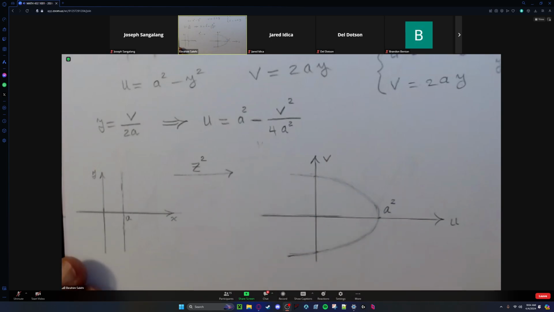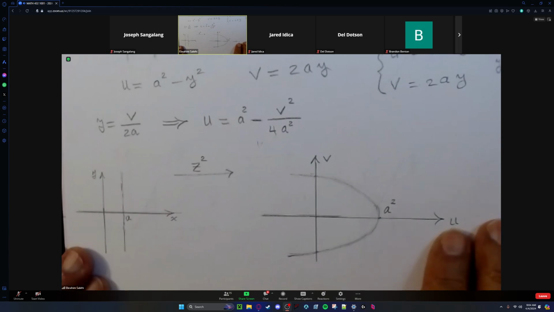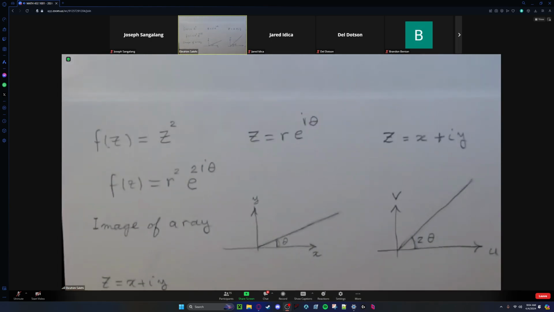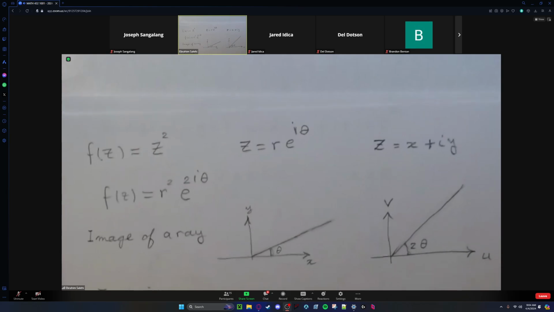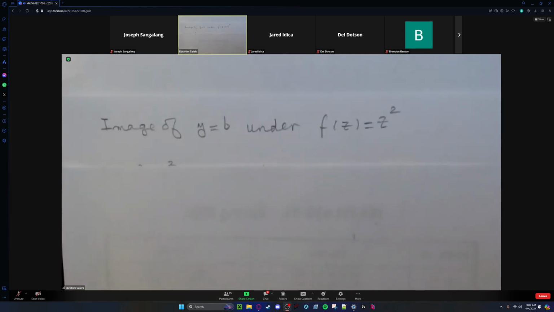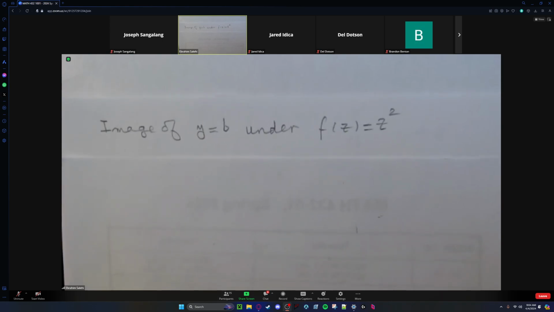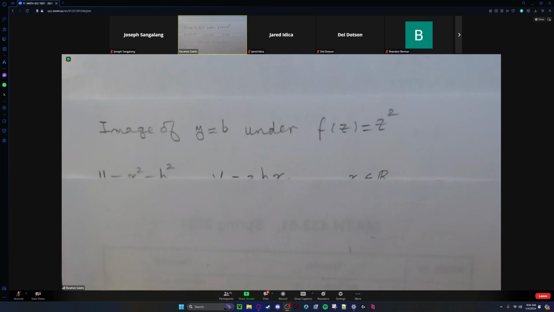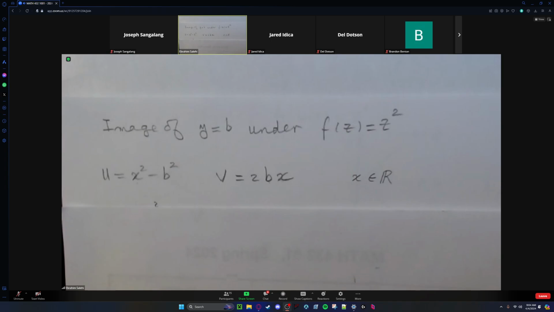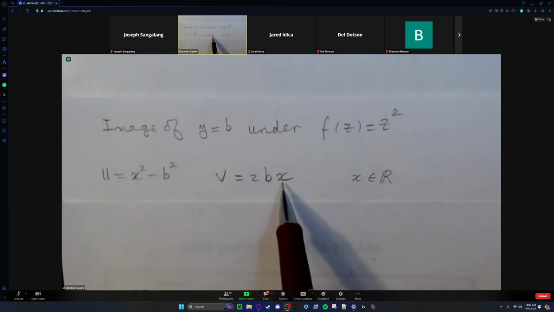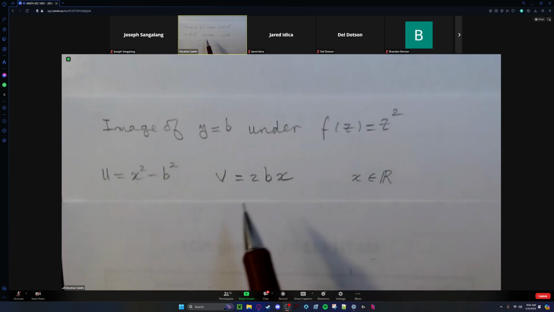Okay? Now, what about a horizontal line? Well, let's find out what happens to a horizontal line. Here's a horizontal line, y equal b. Remember that u and v in z squared?